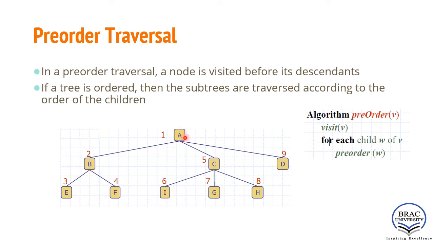Yes, we will print it because we go to the node and we print the node value. So the first value will be A. Then we go to the next subtree, and that will be the left subtree or children of node A. So at first the value will be A, then go to B.